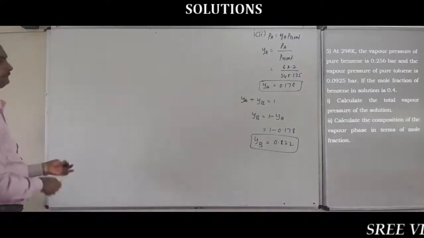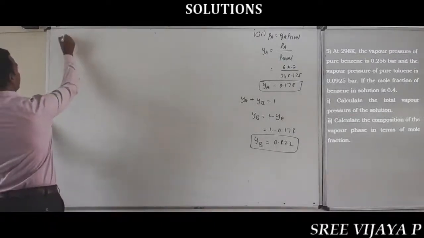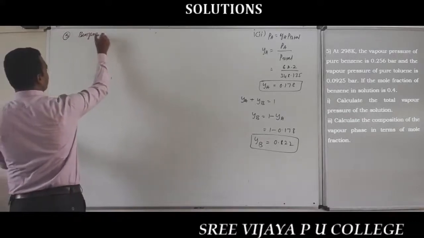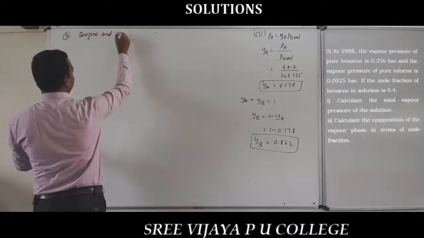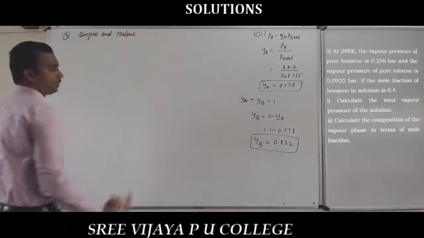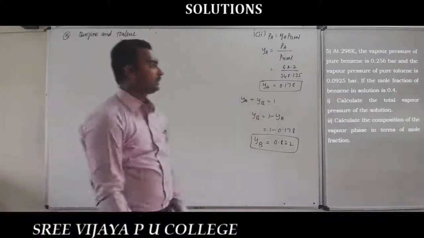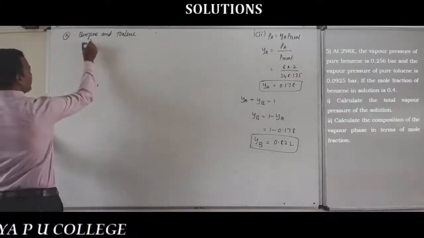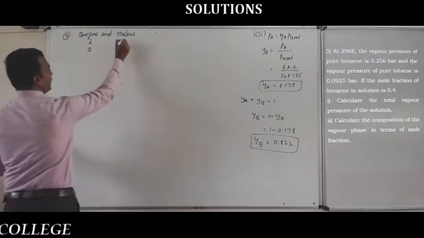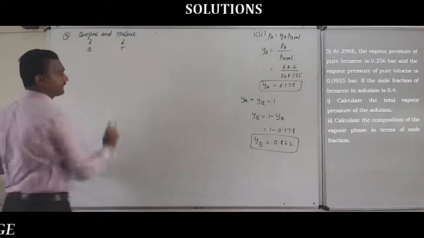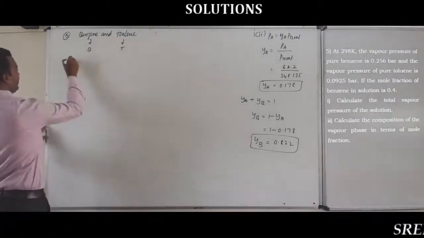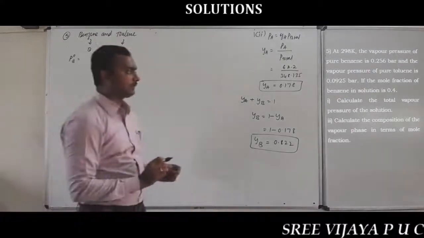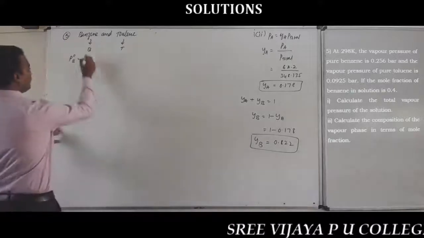So what is the data? There are two components here in question number 5. One is benzene and another one is toluene. For these two components the vapor pressures are given. Here benzene is taken as B and toluene is taken as T. So P0B, the vapor pressure of pure component benzene, is 0.256 bar.